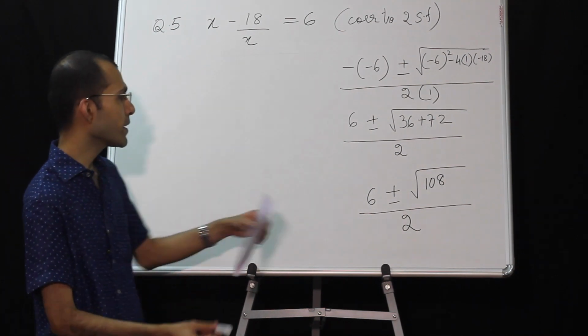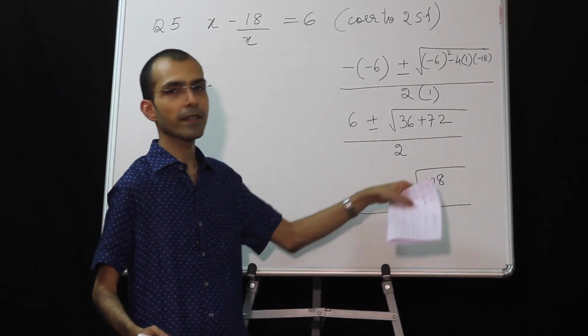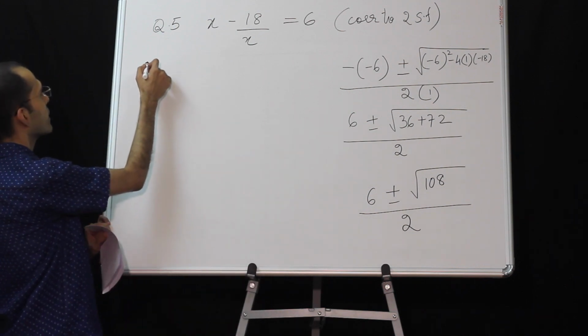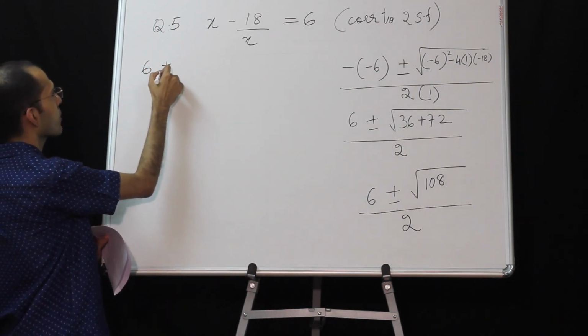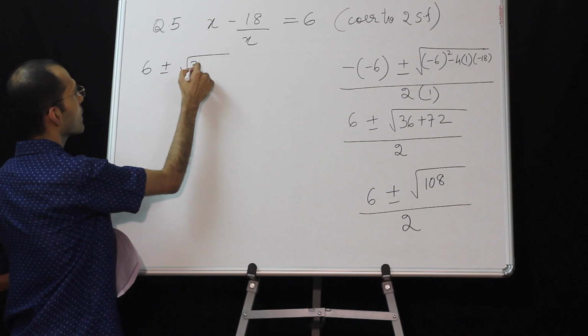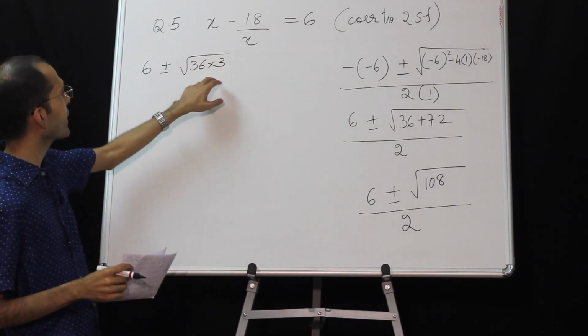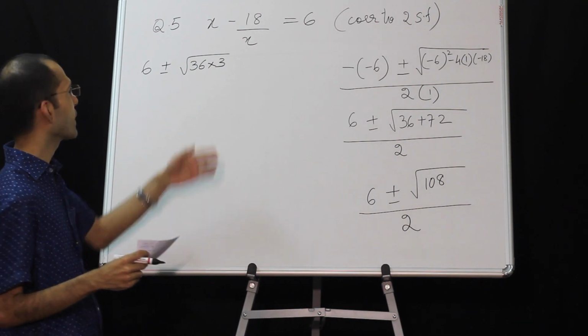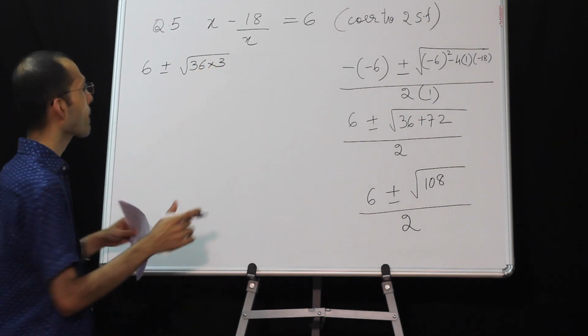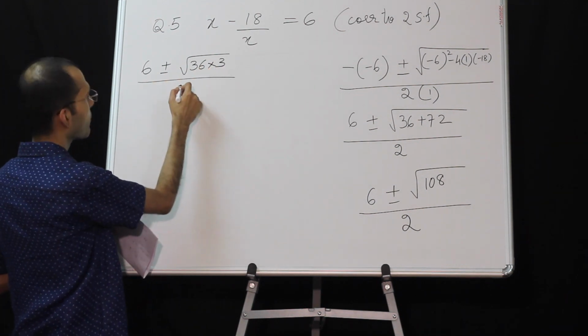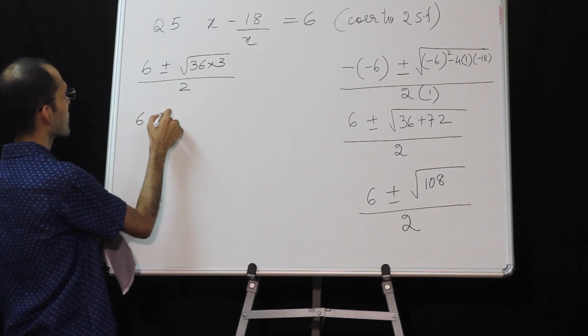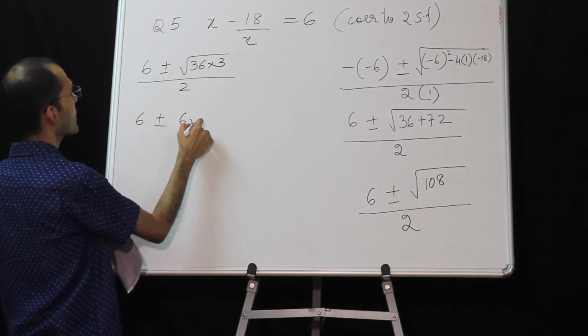Now again we can use splitting here. So it will be 6 plus or minus 36 into 3. That is 108. Good splitting. 3 cannot be further split and 3 is not a perfect square. Upon 2. So 6 plus or minus 6 root 3.